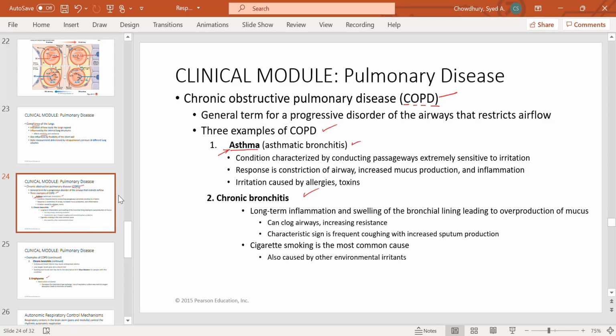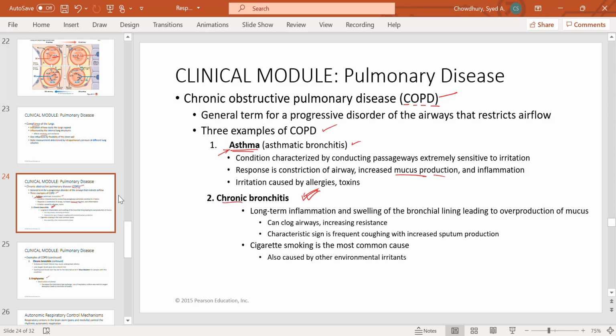So different people have different sensitivity and allergic reactions, but the common thing is that the chemicals released in the body will cause the constriction of the bronchioles. Okay, and that will cause the secretion of mucus. The constriction of the bronchioles and secretion of mucus will block the passage of air, so that person will have distress breathing.